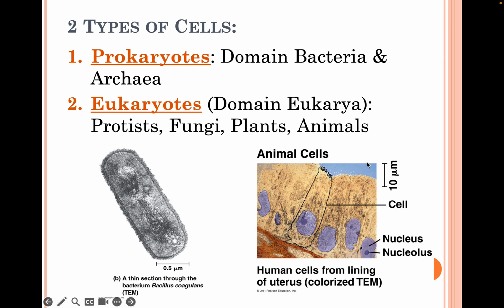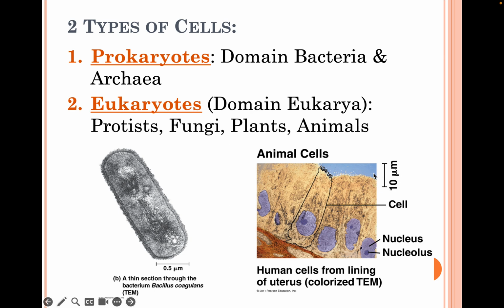One thing I do want to point out real quick while we have this slide up is the difference in size. So animal cells are about 10 micrometers. Well, that's the size here. So they're probably on the order of, like, these cells are maybe 30 micrometers long. And remember, there's 1,000 micrometers in 1 millimeter, and 10 millimeters in a centimeter.